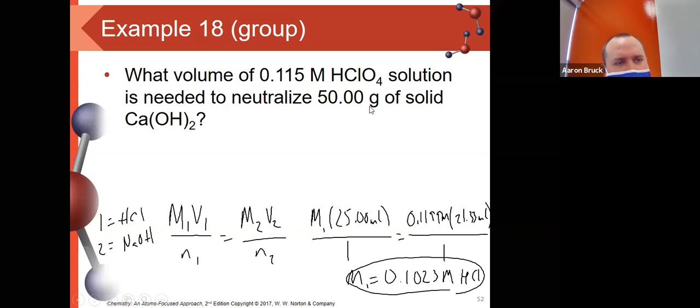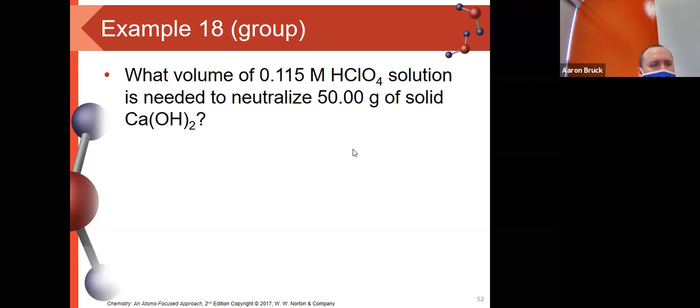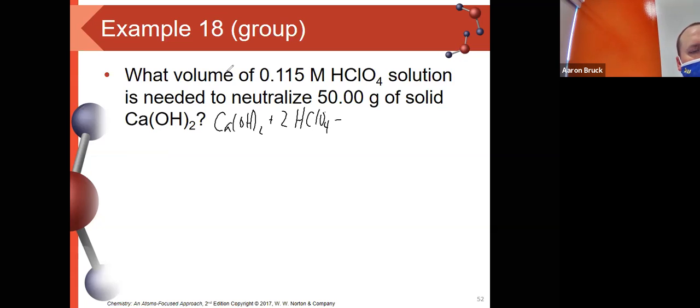All right, one more. Again, try this on your own. As a little bit of help, I'll give you the balanced equation as a starting point. We've got calcium hydroxide reacting with perchloric acid to make calcium perchlorate and water.